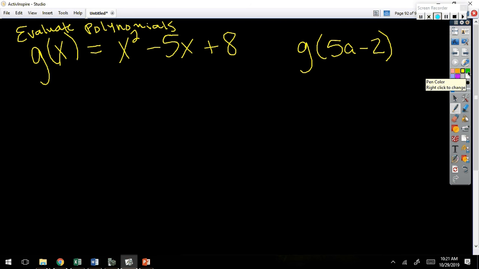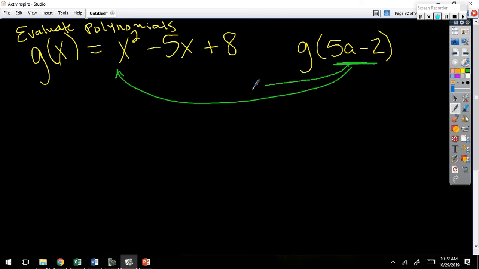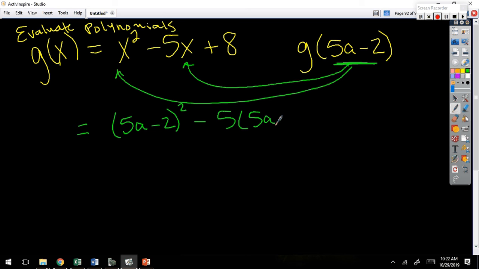So you just do what'd you say, Eliza? Tell me again. You just plug it in for x. This replaces every x in this equation, right? So we get (5a - 2)^2 - 5(5a - 2) + 8.